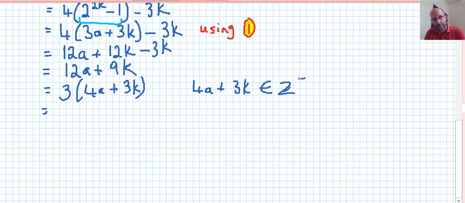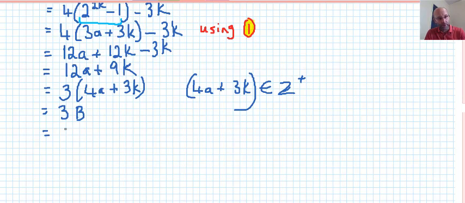That's the same as saying 3 times b above. Because these are both integers, 4a plus 3k and 3b from above, they're equivalent statements. So that equals the right hand side. So it's true for k plus 1.